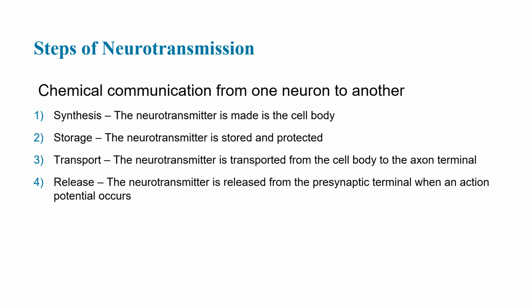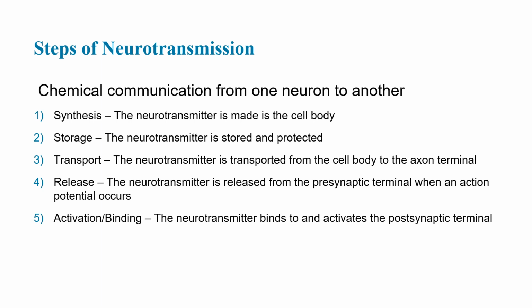Then you get release. The neurotransmitter is released from the presynaptic terminal. The vesicles that are holding the neurotransmitter reach the surface and are released when the action potential occurs in the neuron they're in.